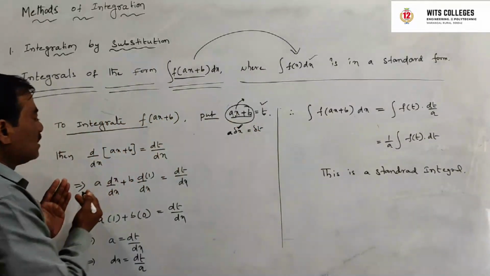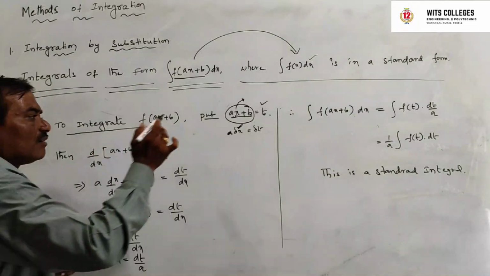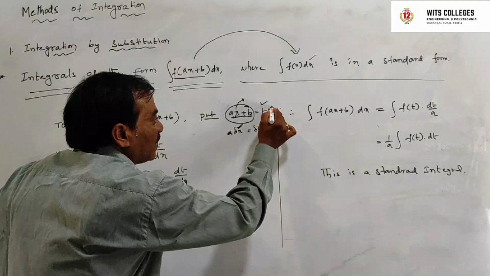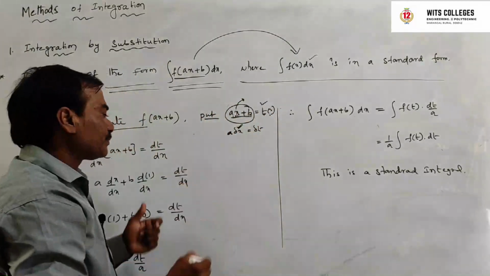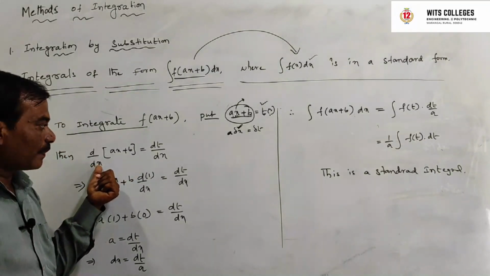Now this is the process. We differentiate on both sides with respect to x. Why? Because ax plus b is a function of x, and t is also a function of x, so the value depends on x.